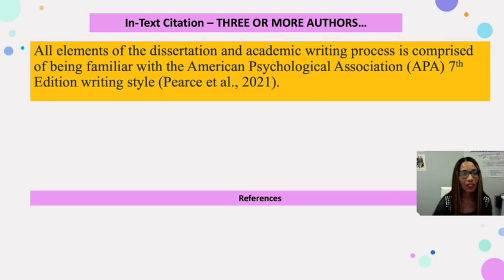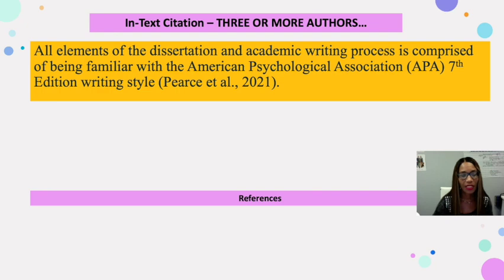Here we have the first author that is listed on the actual article that you are citing. However, any authors that come after that will be represented as et al. And then put in the year.